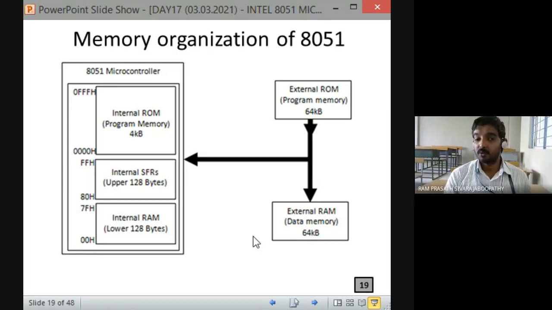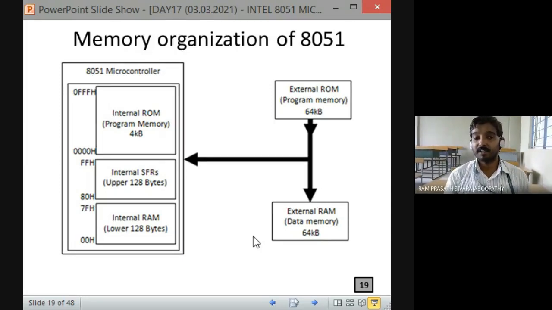Now, one question for you: does the 8051 follow von Neumann architecture or Harvard architecture? In the 8051, the memories are separate, but the bus is common. In the 8085, there is the same address space and the same bus for accessing program and data.